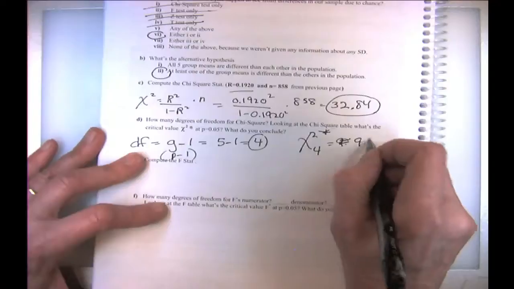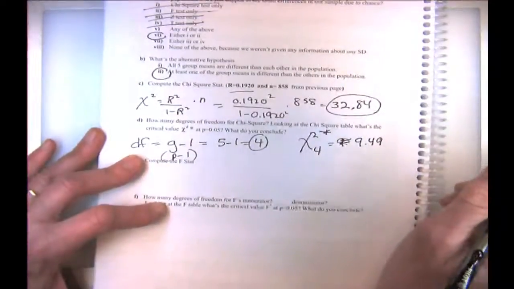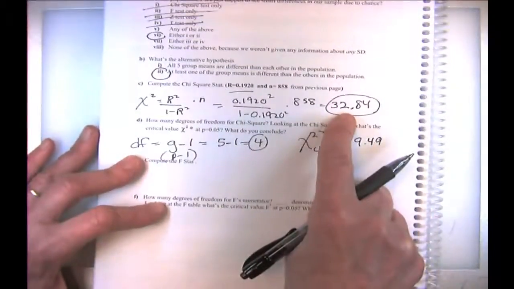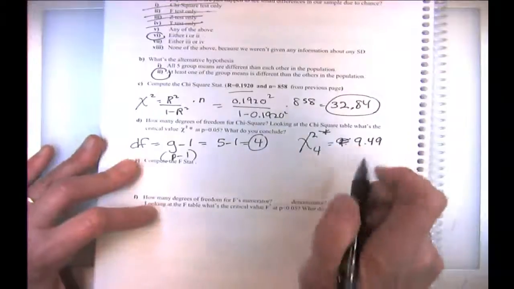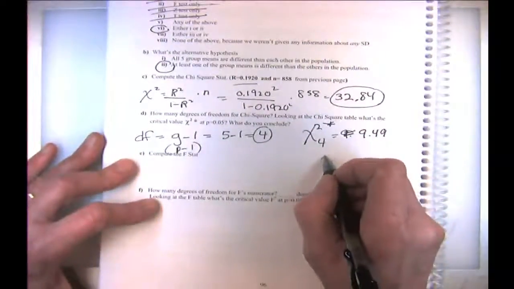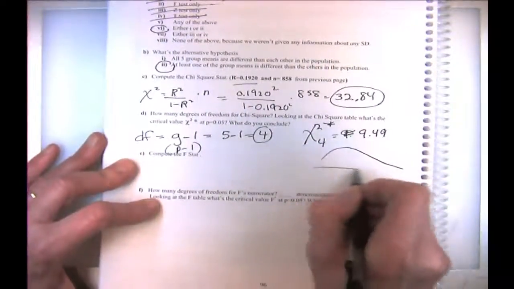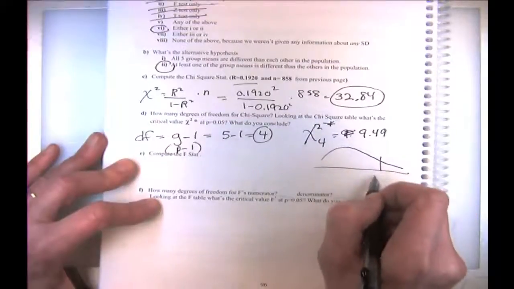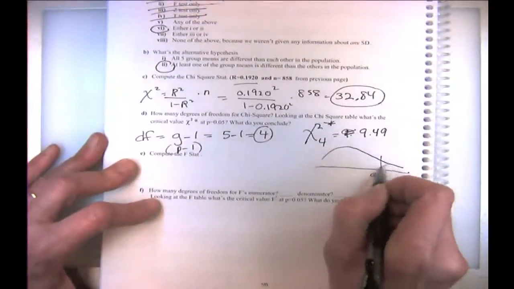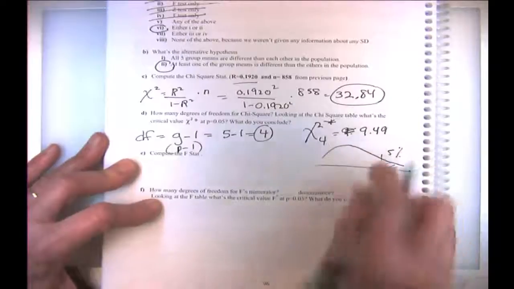That's so much bigger than 9.49. If you drew a curve, 9.49 is the 5%, and we are way far to the right, so we would reject the null.